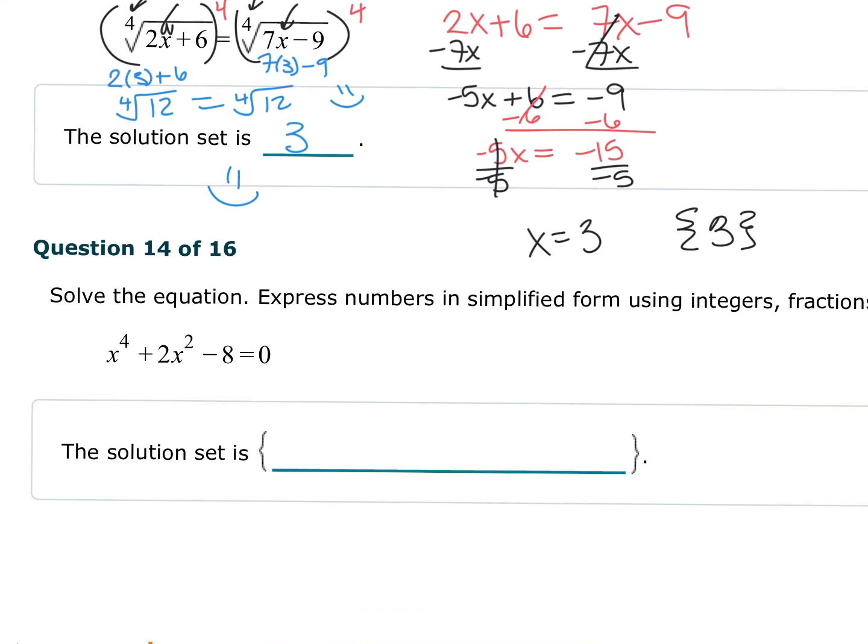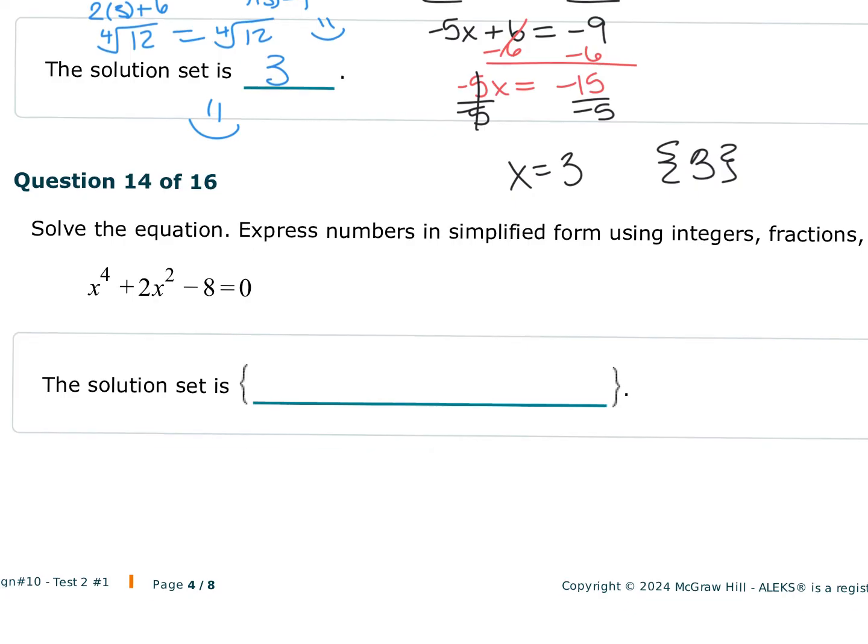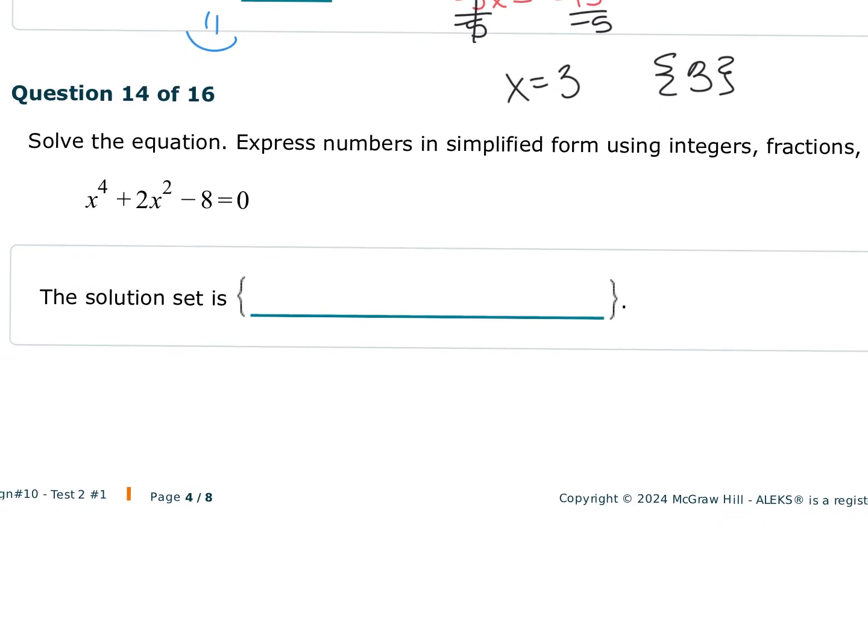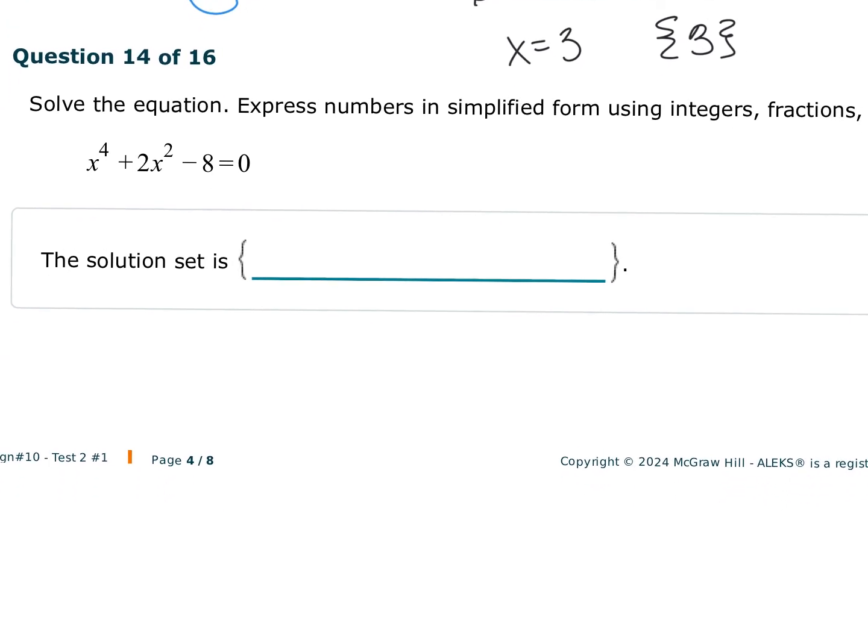All right, let's move into a different type of solving, which is the higher order polynomials, which we solve by factoring. So I have x to the 4th plus 2x squared minus 8 equals 0. I will factor this, and I'm just looking for two numbers that add to get the middle term and multiply to get the last term. However, since this is x to the 4th power, to account for that, I'm going to have x squared and x squared.